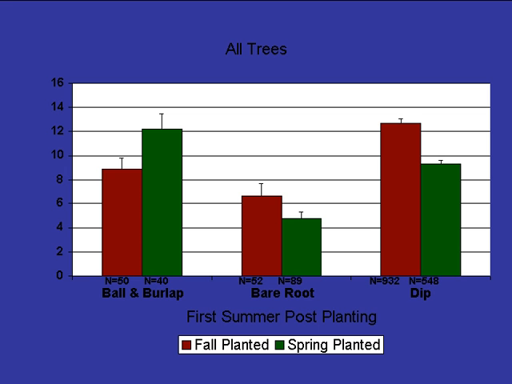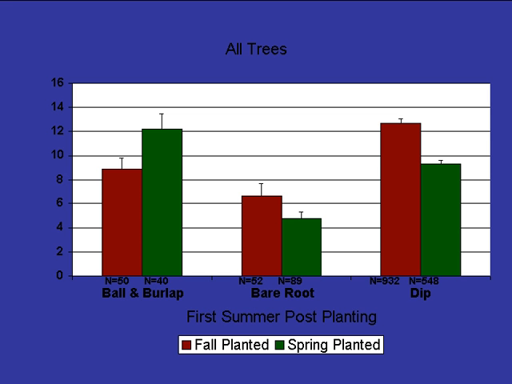With bare root, you have a much reduced new growth in the following year if you don't dip it, don't keep those roots moist. But when we keep the roots moist with a dip, we actually get comparable, if not slightly better, new growth in the spring and fall.